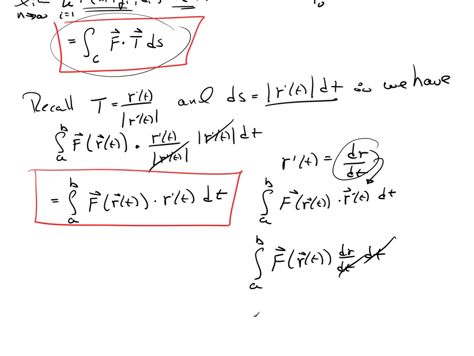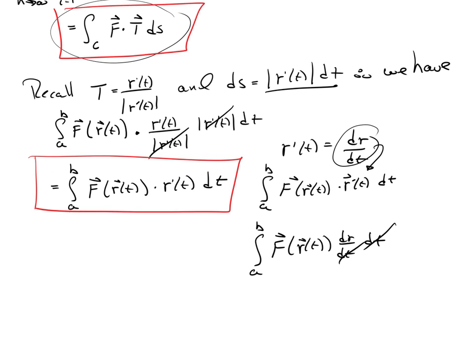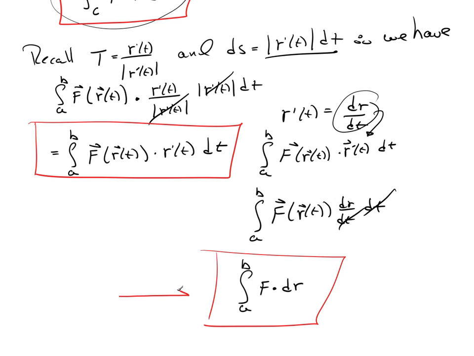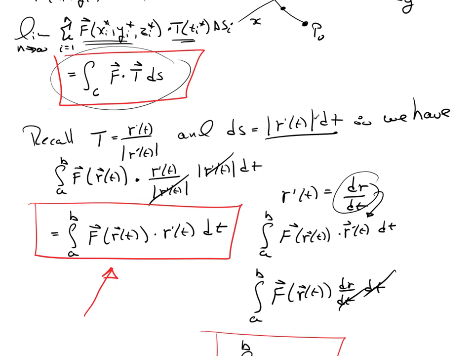Those cancel out, and then you'll see another form that this is very commonly written in, that being the integral from a to b of f dot dr. So here is yet another form. It's an abbreviated form to represent the same line integral, and this one is identical to this one, which is the same as this one.